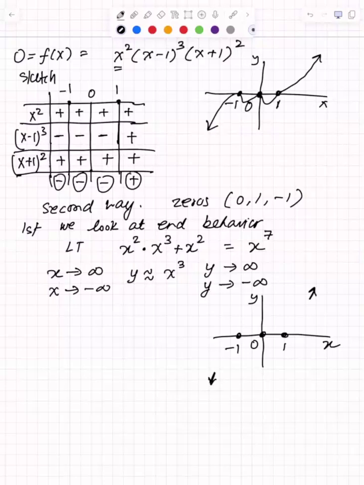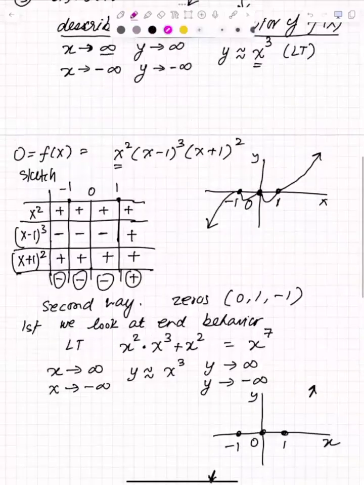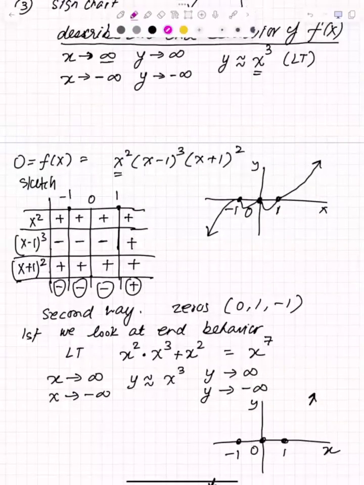Now, we do one more thing. You will notice, look at our sign chart, the first factor was x. It has a multiplicity of 2. So x squared is 0 where x is 0. You can think of it like this: the factor is x minus 0.